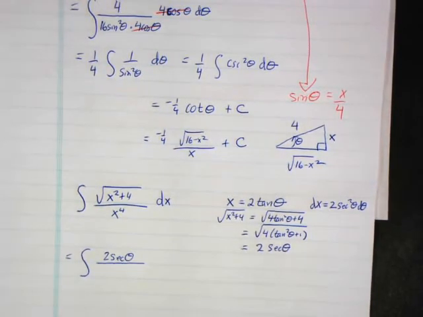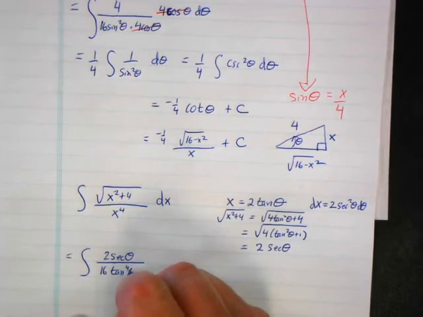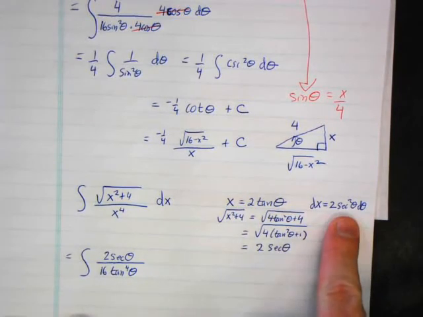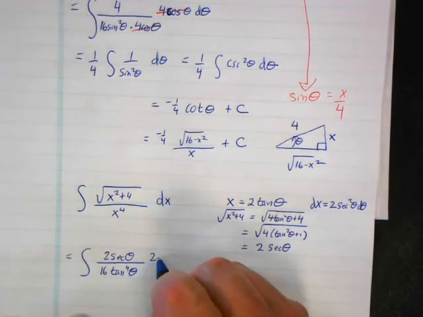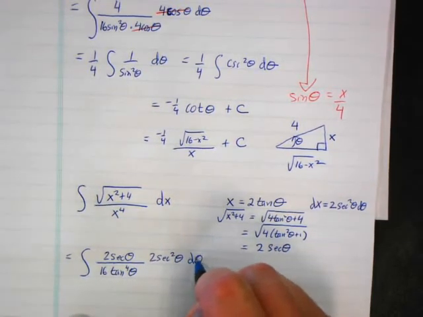Then I have x to the 4th on bottom. That's going to be 2 to the 4th. 2 to the 4th is 16 tangent to the 4th theta. And then my dx finally was 2 secant squared theta d theta.